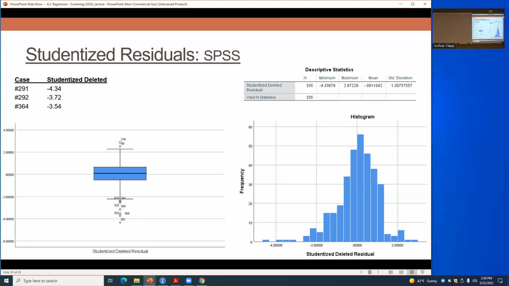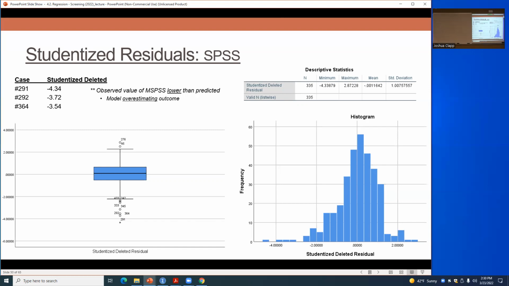So again, if we go through and take a look, cases 291, 292, 364, these are all cases that are objectively large in terms of standardized space. They're anywhere from 3.5 to over 4 standard deviations away from the mean. We know that's sort of big, right? So something to keep an eye on, okay? Again, our observed value is lower than predicted. Our model is overestimating perceived social support for these cases.